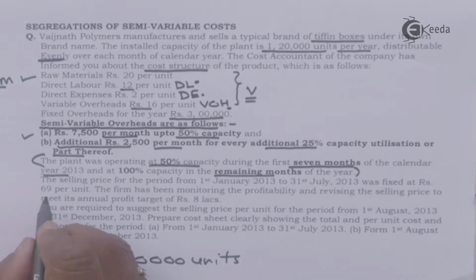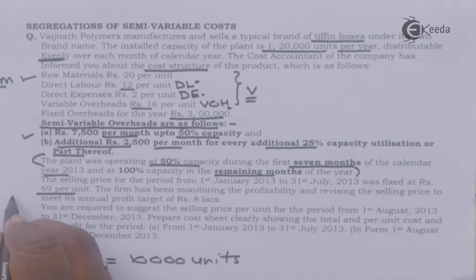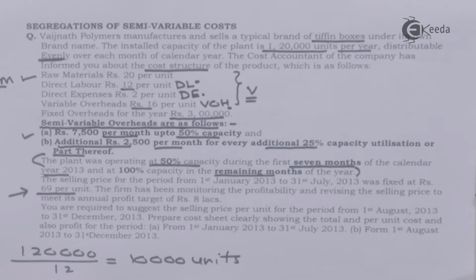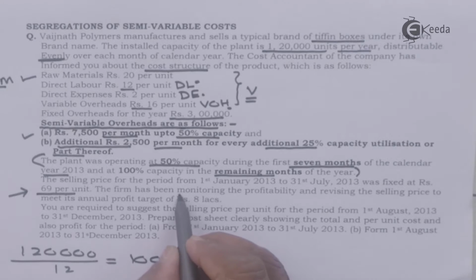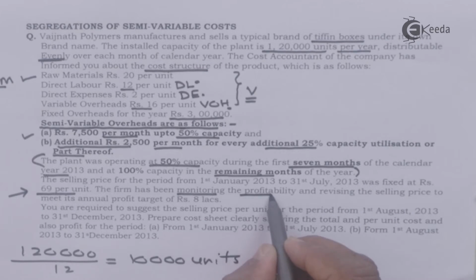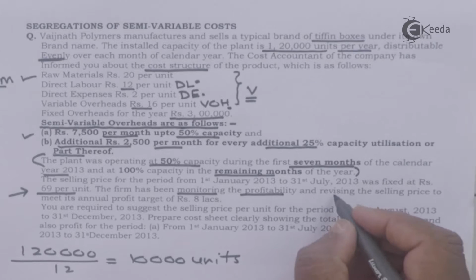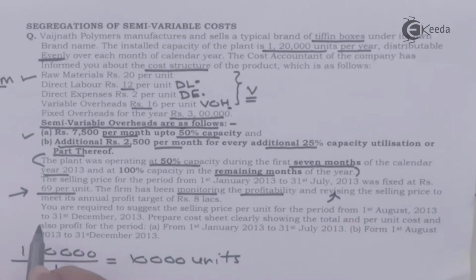was fixed at rupees 69 per unit. The firm has been monitoring the profitability and revising the selling price to meet its annual profit target of rupees 8 lakhs.